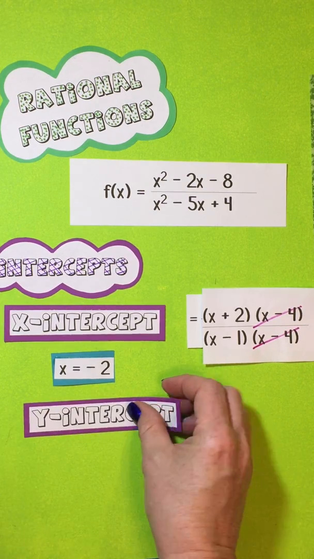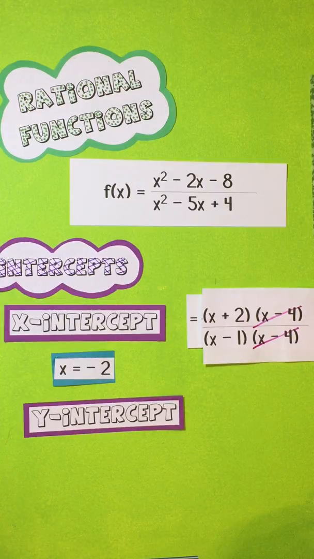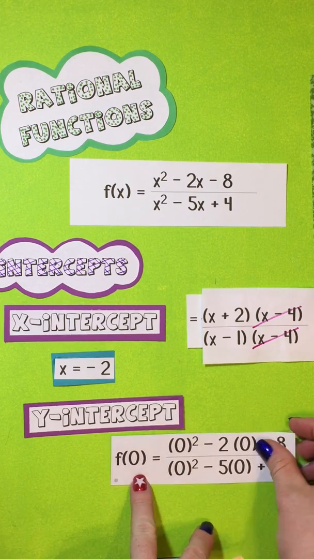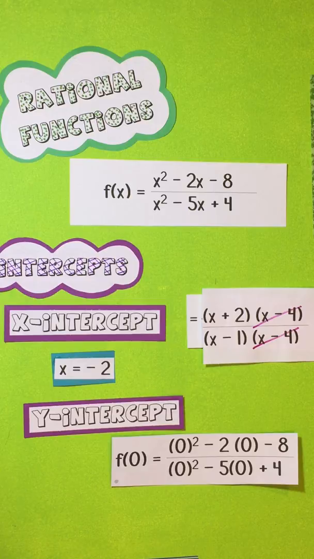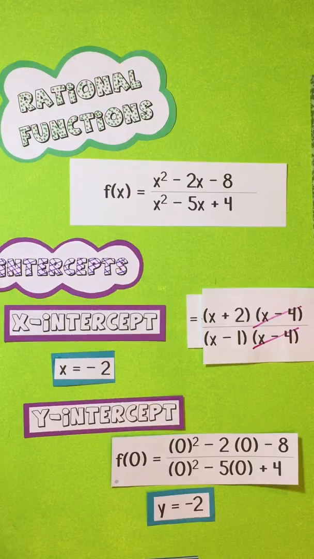The y-intercept is where our graph will cross the y-axis. What we do is take our original function and plug 0 in for x. We will simplify this and we'll find out that we have a y-intercept at y equals negative 2. So that's quite a lot of stuff there.